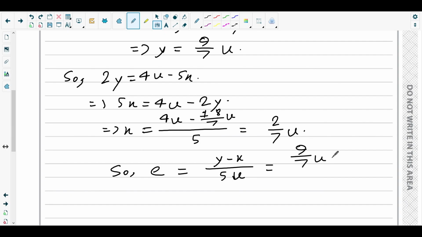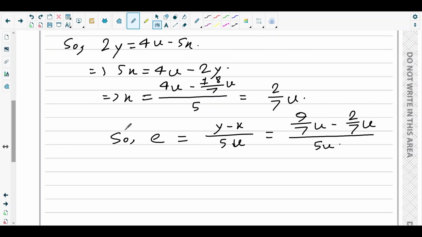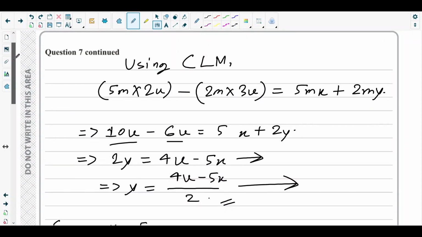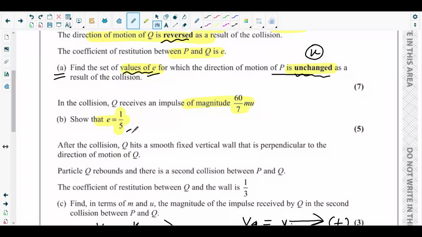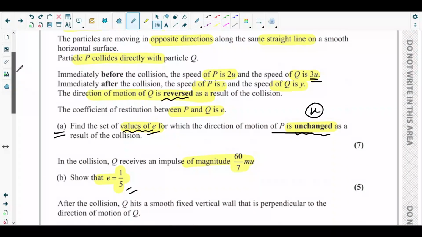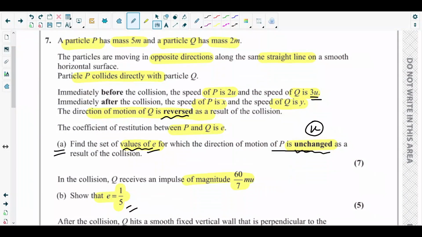So 9/7u minus 2/7u over 5u. So what would be the value for E? 9 over 7 minus 2 over 7 is just u, over 5u, that is basically 1 over 5, and that's the value of E, and that's what part B of question number 7 has asked to find out. Okay, to show, we have shown exactly E equals 1 over 5.